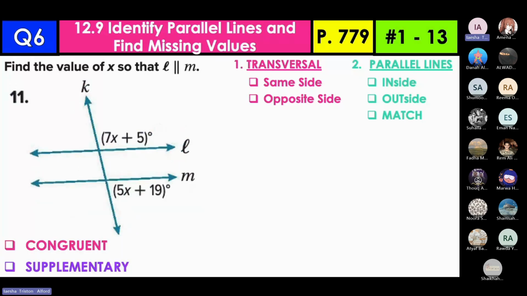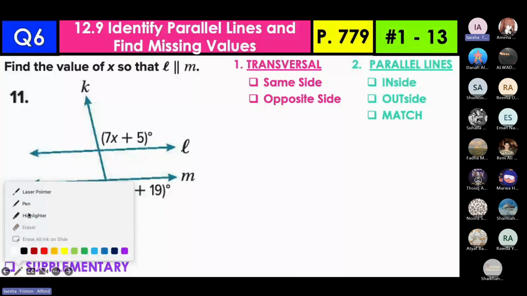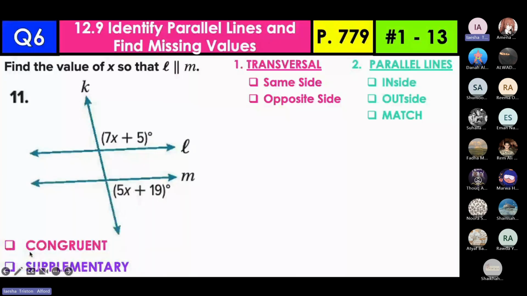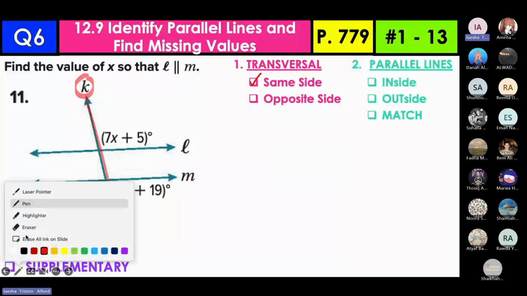Number 11, I'm going to write it for you because we need to say what the name is. So, same side or opposite side of the transversal, this one? Same. So K is the transversal. They're on the same side. Are they inside, outside, or matching in the parallel? Outside.